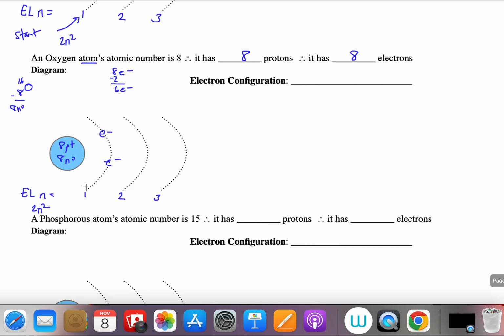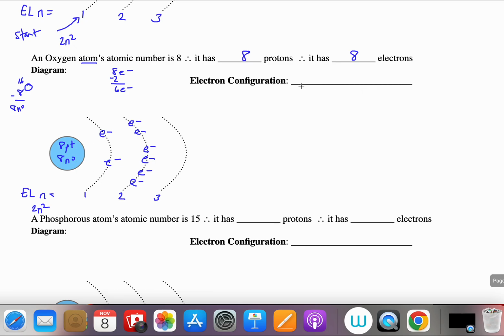Energy level 1 is full, so the next best choice is energy level 2. 2n squared says the second energy level can hold a total of 8, but I only have 6 to place, so all 6 remaining electrons can be placed on energy level number 2. Now, the electron configuration.